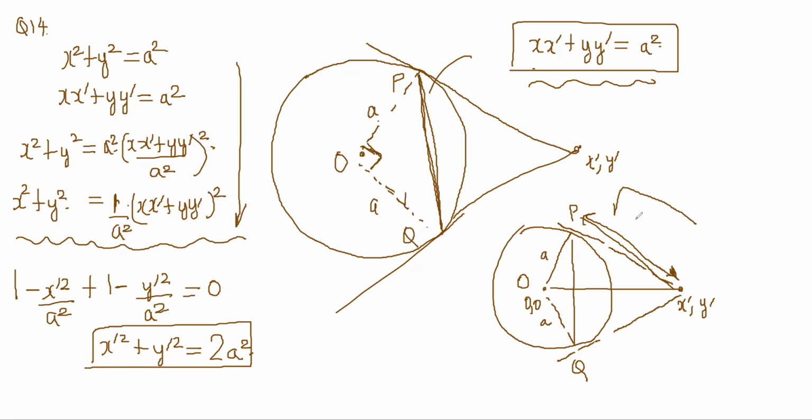The length of the tangent. Pythagoras theorem, what is happening? Why are you not seeing the length of the tangent? Oh yeah, we can find it using Pythagoras. You know this length, you know this length, you know this right angle. We know all three of them.